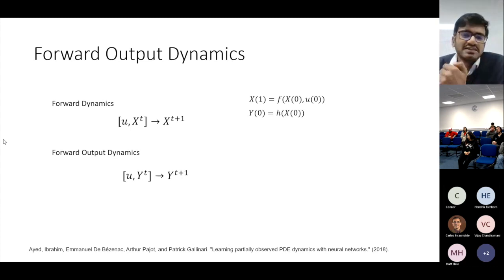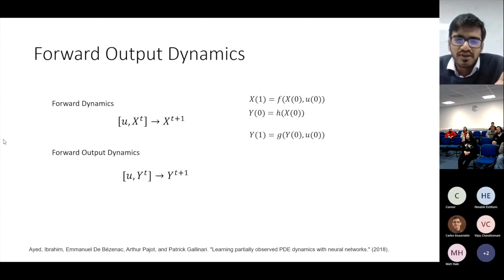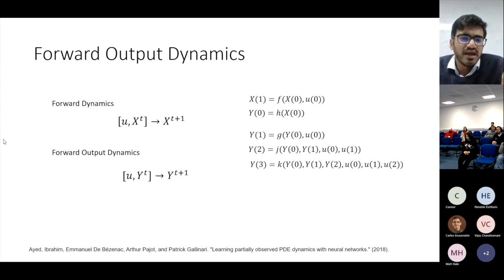So given my initial conditions and my initial input to the system, I can of course predict what will happen to my outputs if I have a mathematical model of that. And then from there, I can iteratively give that output and the next inputs to iteratively predict what goes on in the future. And this is possible by keeping track of whatever has happened in the past.